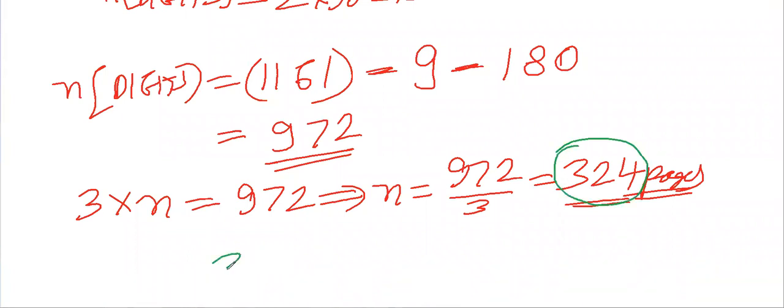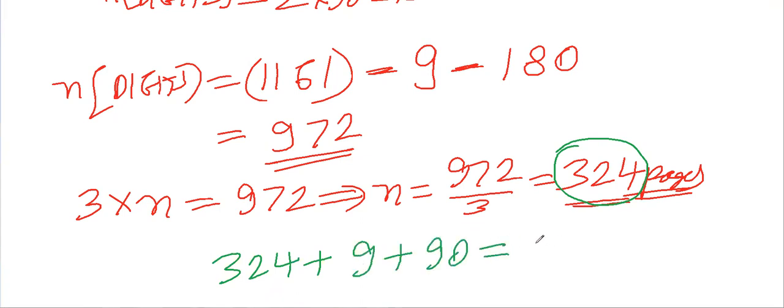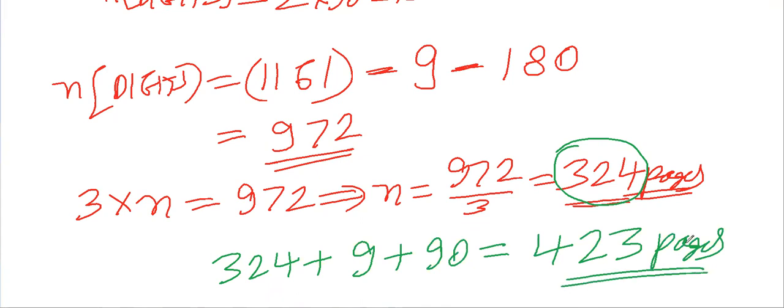So you need to add 324 plus 9 plus 90. This comes to 423 pages. So the total number of pages the book contains is 423 pages. Got it?